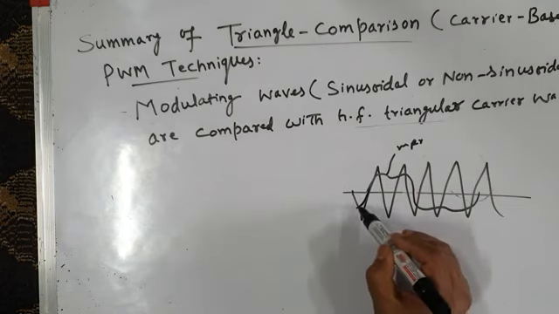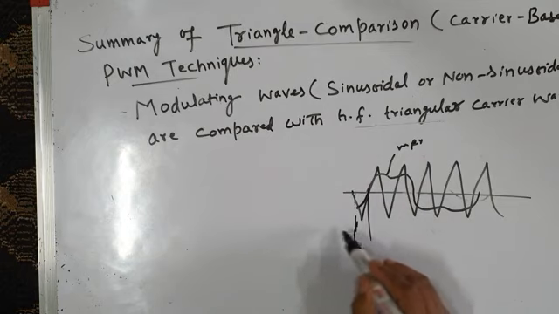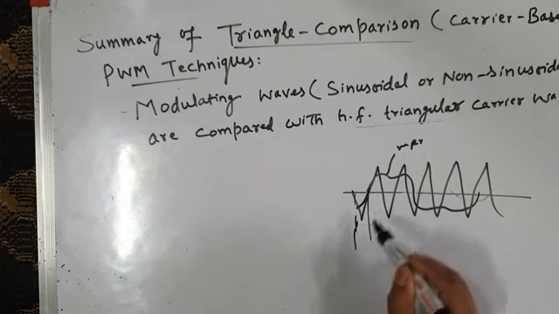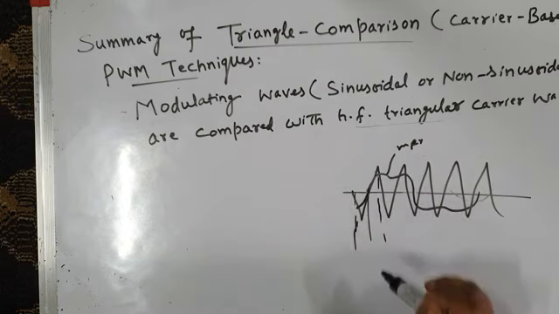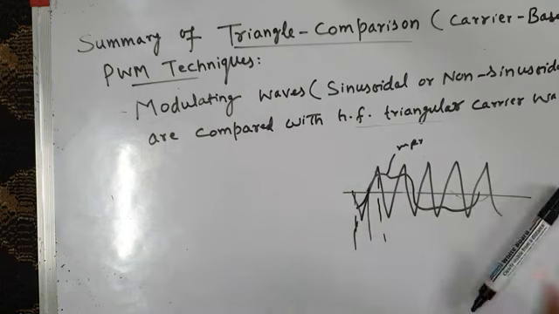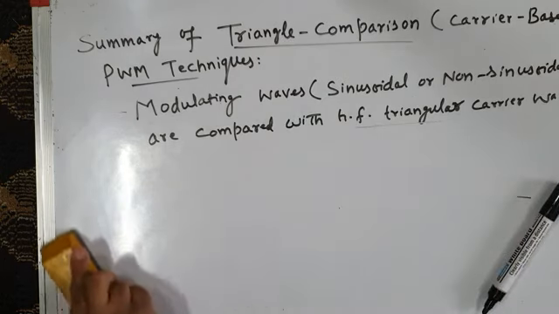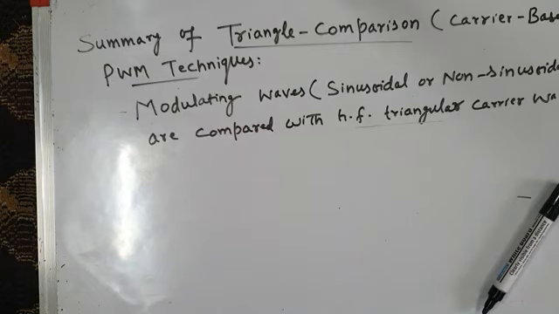Whenever the amplitude of modulating wave is higher than triangular carrier wave, the top switch of a particular inverter leg is on. And whenever triangular carrier wave is higher in amplitude than modulating wave, the bottom switch of the same phase leg is on. We have been discussing this method of generating the gating pulses over the last many lectures.